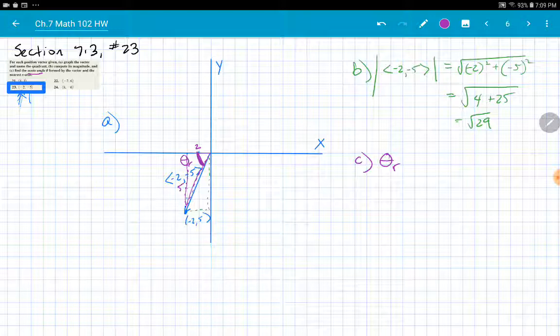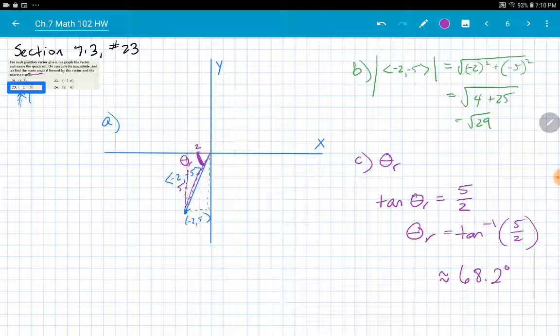If I think about SOHCAHTOA, then tangent of theta r is opposite over adjacent, which is 5/2. So theta r equals the inverse tangent of 5/2. If I put that into my calculator, I will get approximately 68.2 degrees.